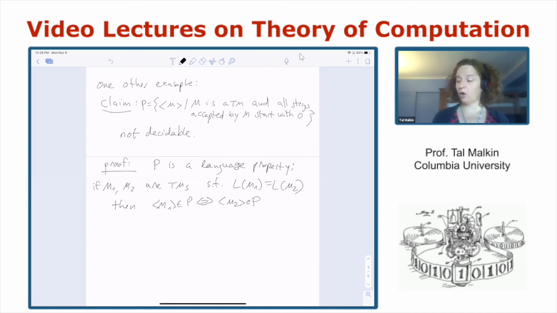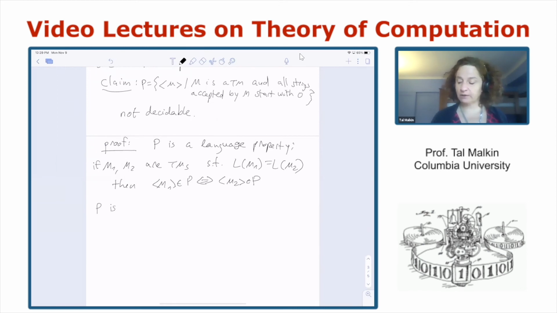Because all strings accepted by M1 start with 0 if and only if all strings accepted by M2 start with 0. Why? Because the strings accepted by M1 and M2 are exactly the same strings. So it's a language property.